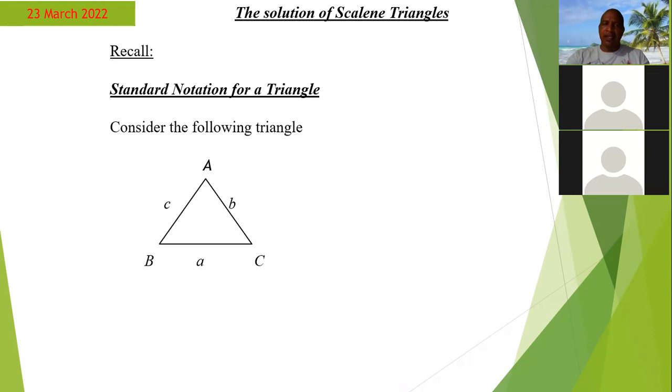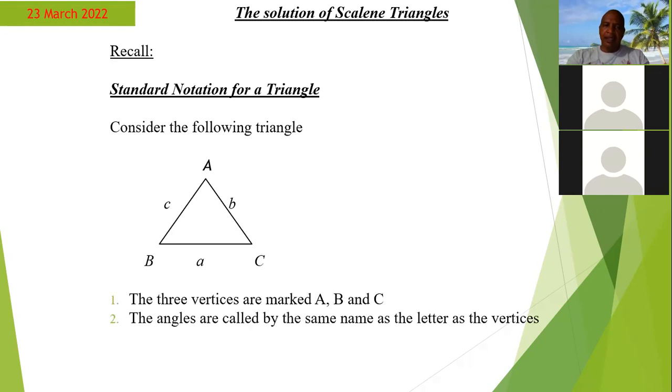If we consider the triangle ABC, we see that the vertices, the points where the angles are formed, we label with capital letters. And the side across from each vertex, which is the side opposite to the vertex, we label with the common letters as the vertices, all right?